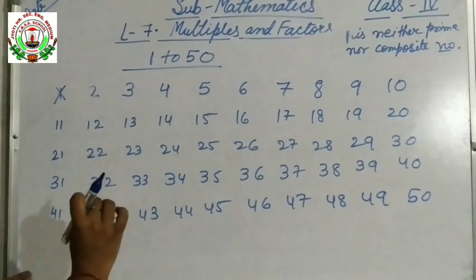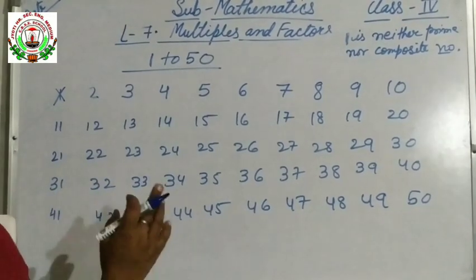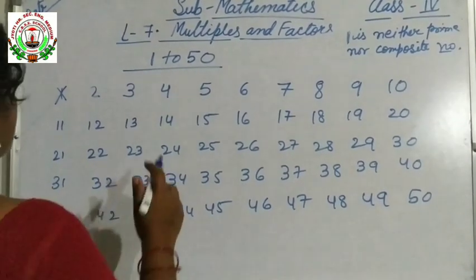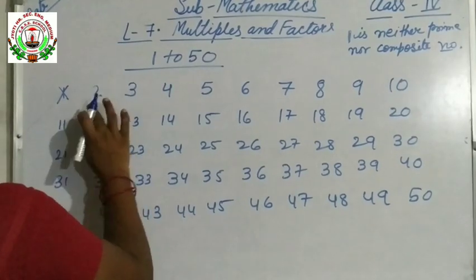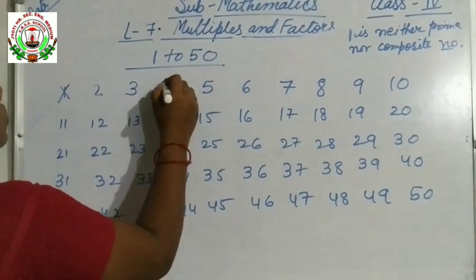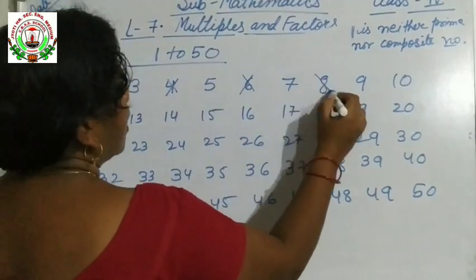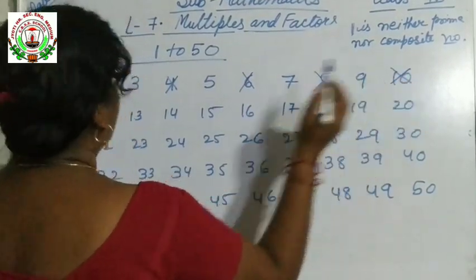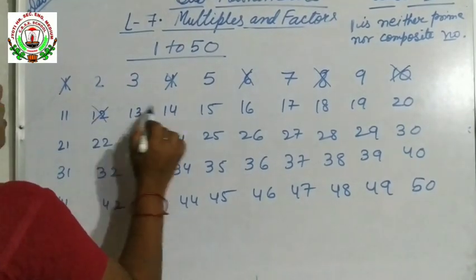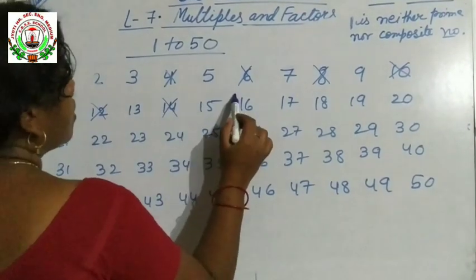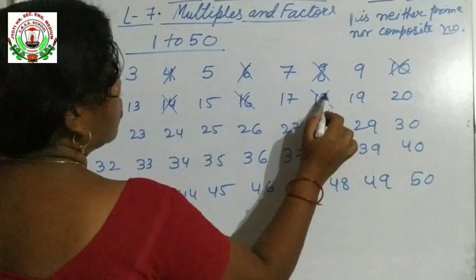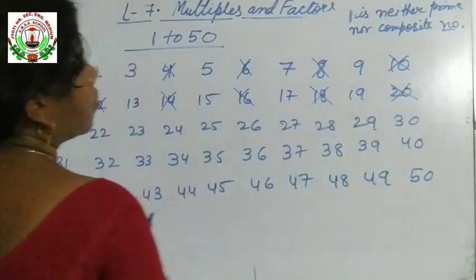That means whichever numbers come in the 2 table, we cross out, except 2. Leave 2. 2 1 is 2, 2 2 is 4, 2 3 is 6, 2 4 is 8, 2 5 is 10, 2 6 is 12, 2 7 is 14, 2 8 is 16, 2 9 is 18, 2 10 is 20.